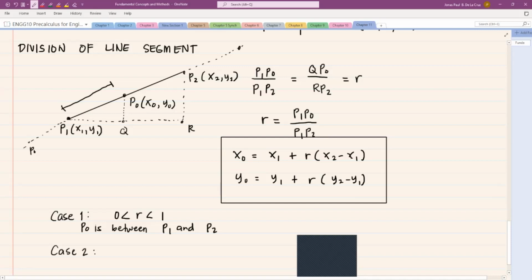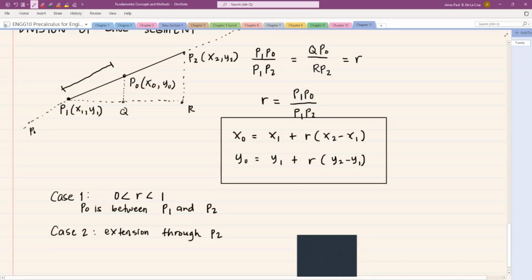But in the case when PO lies on the extension through P2, isulat ko dito, extension through P2, ang masasolve natin na R dito ay greater than 1. Siyempre, yung P1PO natin, mas malaki na kaysa kay P1P2. In this case, R is greater than 1.